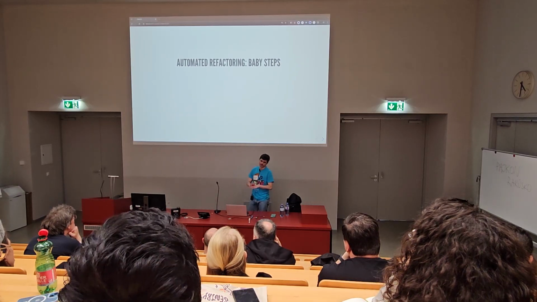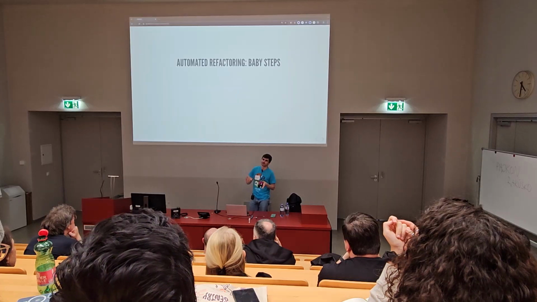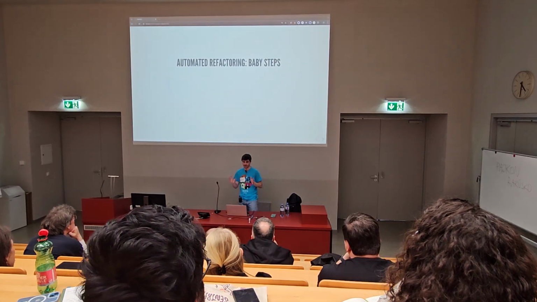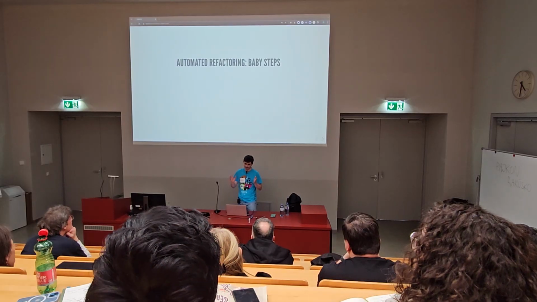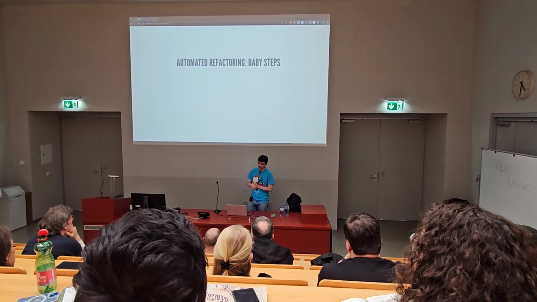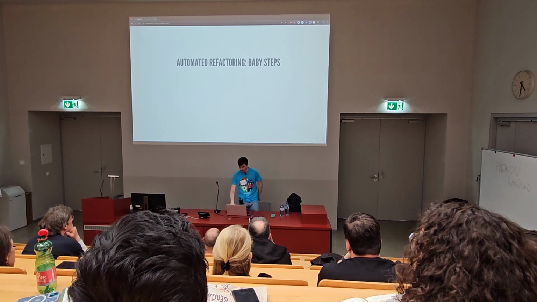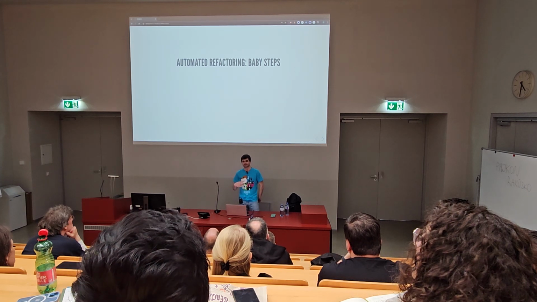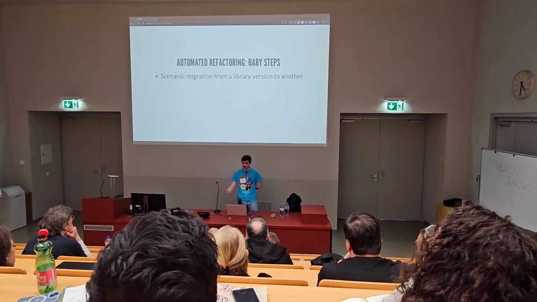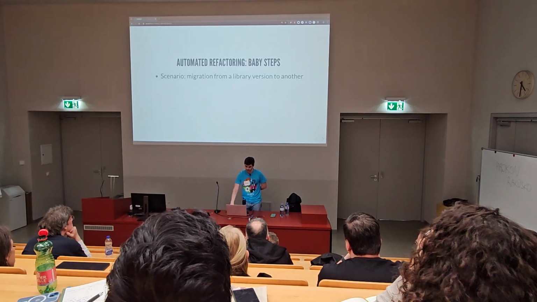If I want to convince you that the abstract syntax tree is a concept that doesn't have to be super mysterious and is used in useful tools, a good place to start using it is automated refactoring. You don't have to go all in straight away. Say you're migrating from one library version to another.